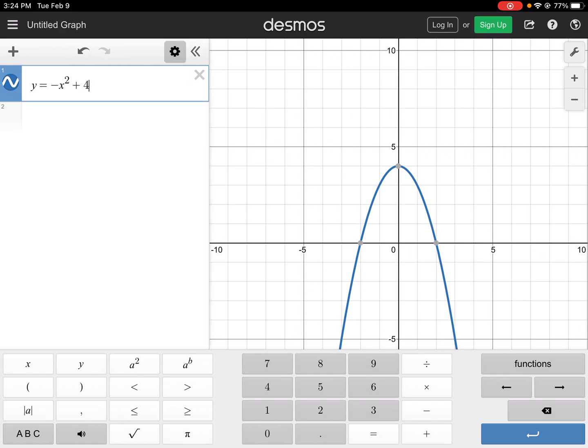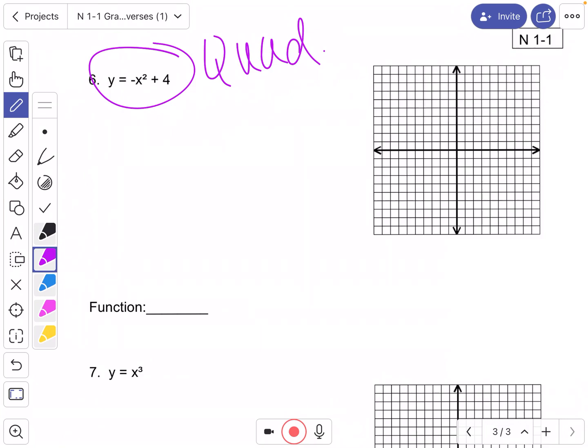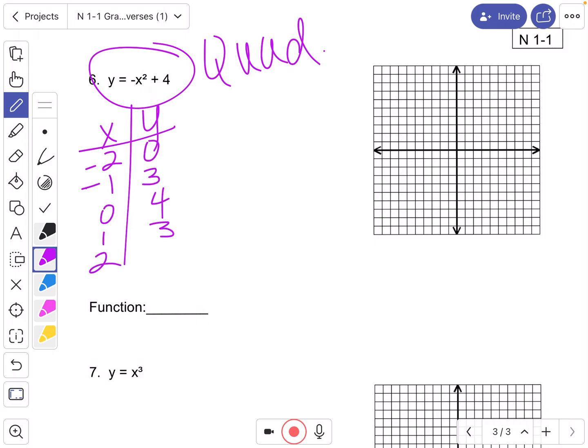Going up to the top to select your table. There's the table that we're going to be using. So I'll write that on the notes. -2, 0, -1, 3, 0, 4, 1, 3, and 2, 0.